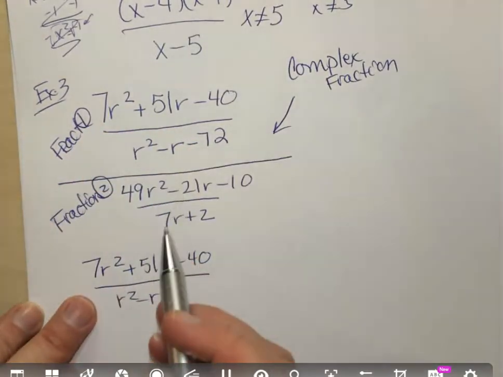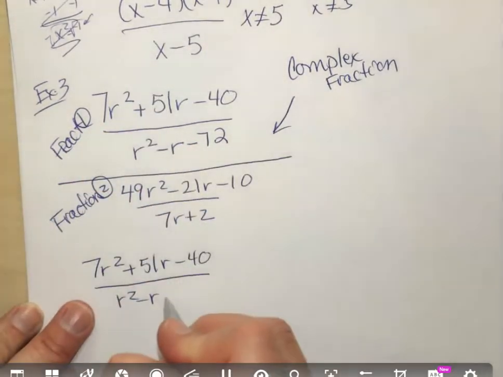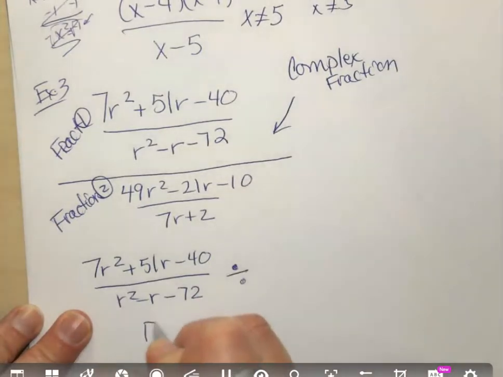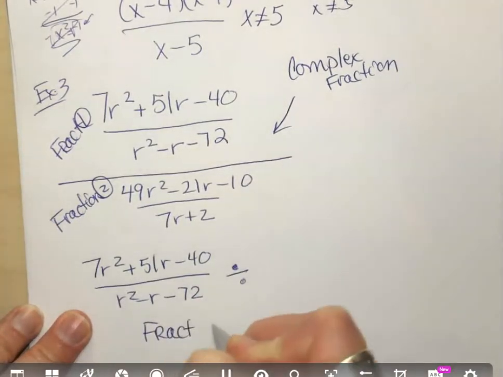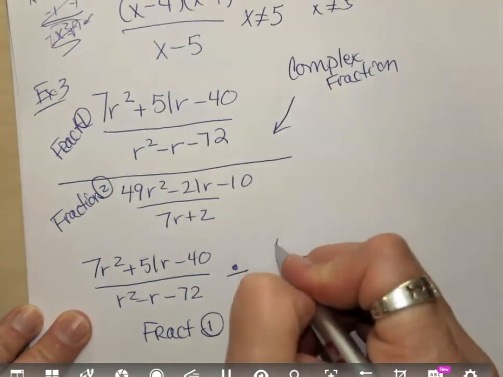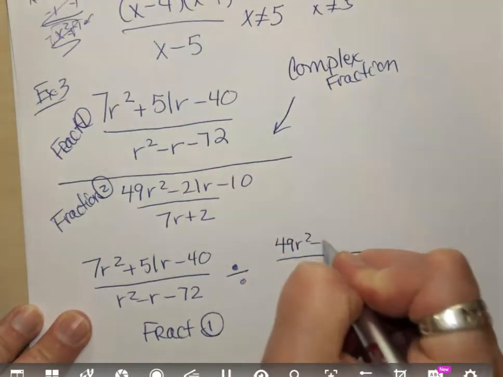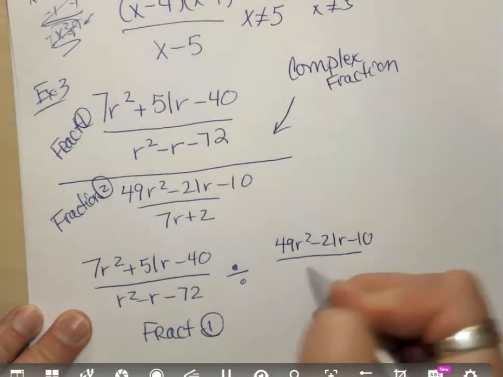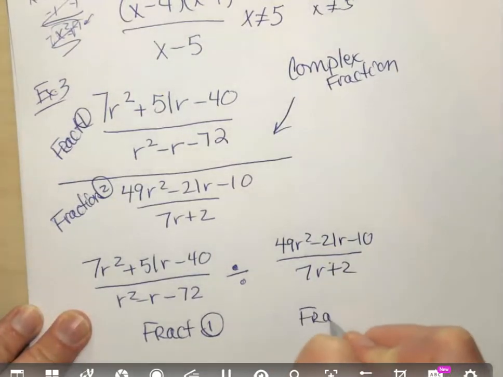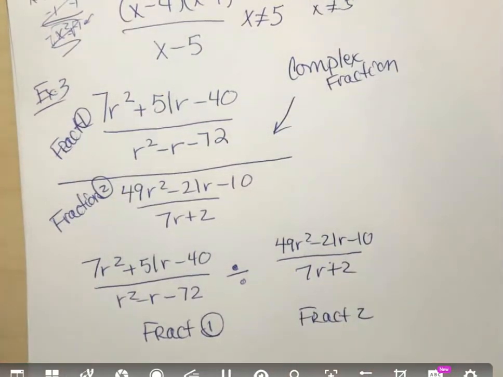So that's saying this fraction divided by, so fraction 1 divided by fraction 2. So that looks a little bit better. It doesn't look nearly as gnarly as that one did.